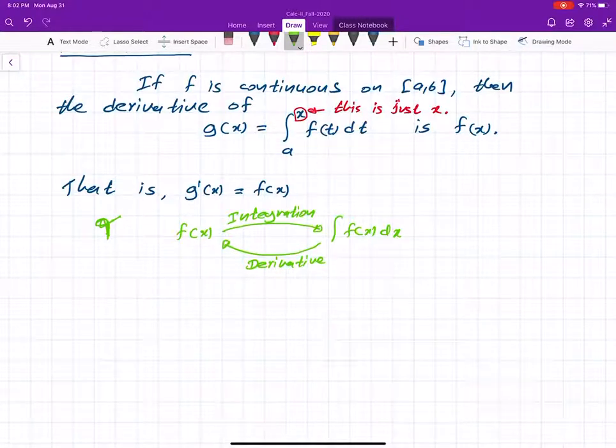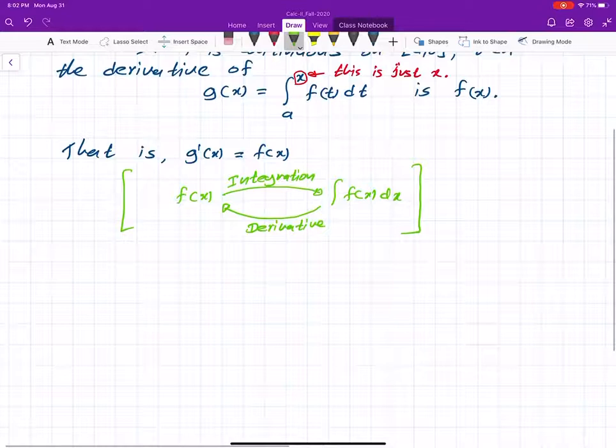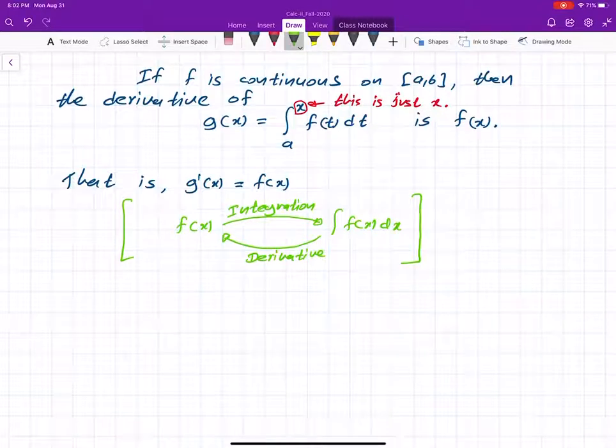Here the operators are integration and differentiation. All right. If you could understand this green part, you can easily understand this theorem. g(x) is the integration of f(x). Once you get the derivative of the right hand side, you will get the left hand side, which is this. So you can just get this integration symbol out if you just get the derivative of the right hand side.